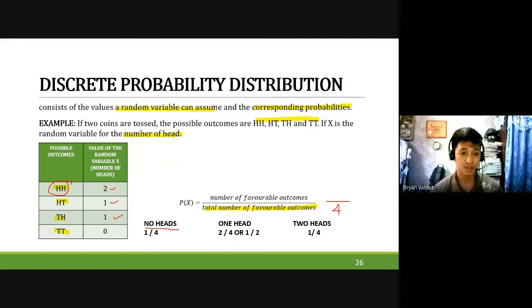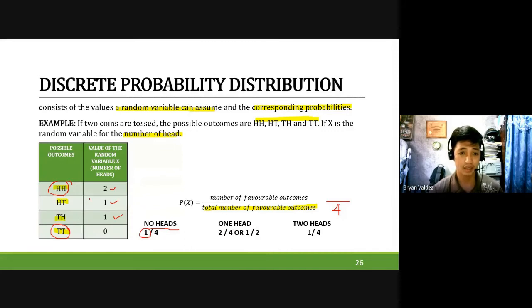So, dito, head and head, dito meron ba? Merong head, dito meron ding head. So, meron tayong isang possible outcome na walang head. Kaya siya naging 1 over the total number of possible outcomes, 4.